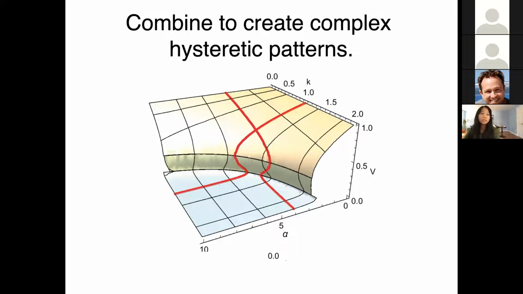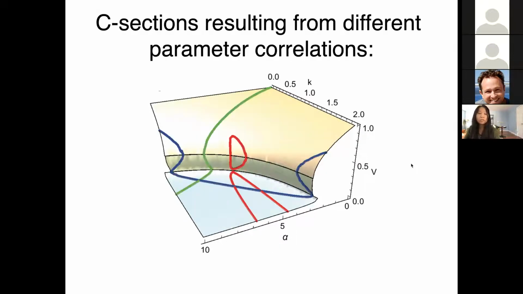And then you can see that if you start to correlate these two driver variables together, you can produce these more interesting shapes by essentially cutting cross sections through the surface in different ways, depending on the shape of those correlations. So here are the correlations from before plotted on that 3D surface. So you can see how you have a single S shape here, or a double S shape here, or even these hidden loop structures that result from cutting through this 3D surface at different angles.